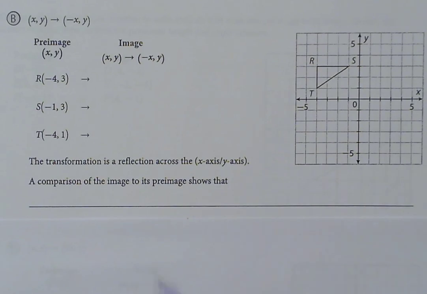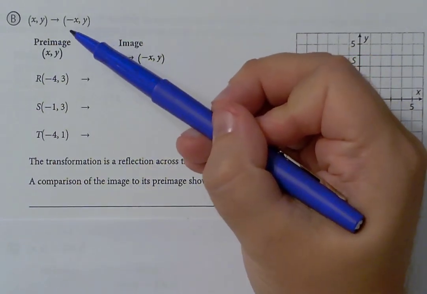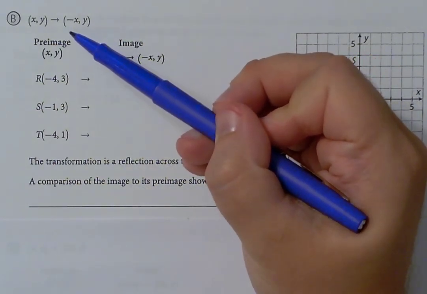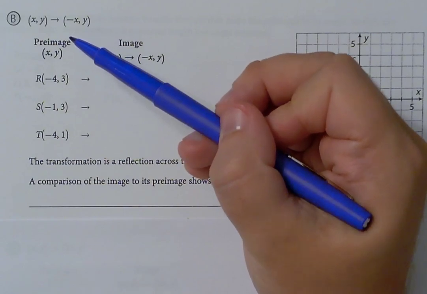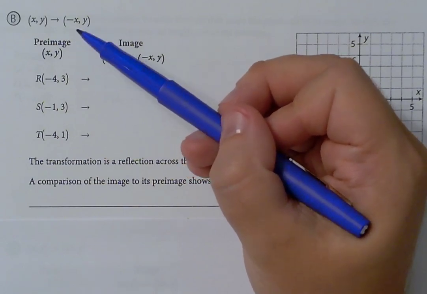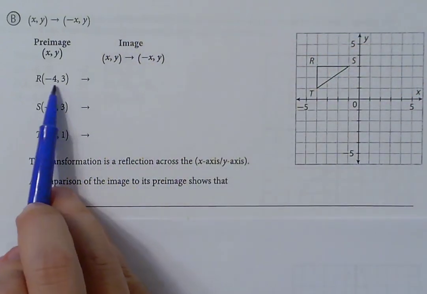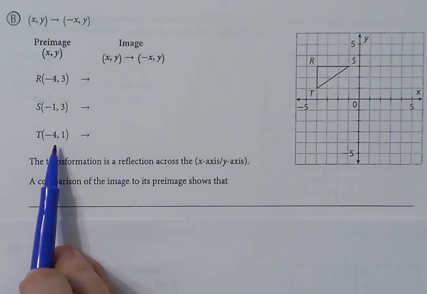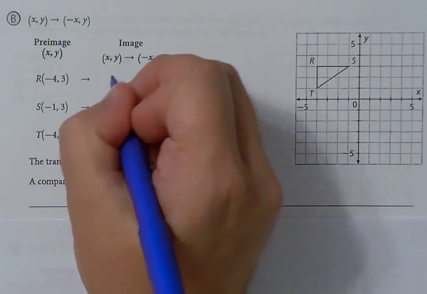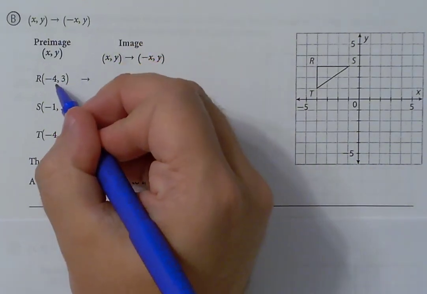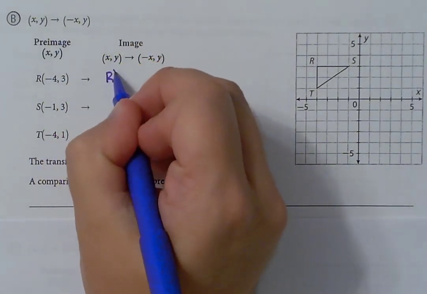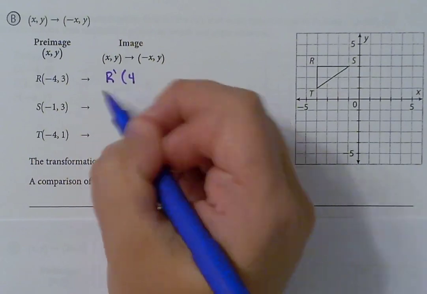Just because there's a negative on the x here does not mean that all the x values have to be negative. It just represents that it changed the sign. So in the case of these points for r, s, and t, instead of negative 4, r prime is going to be positive 4.